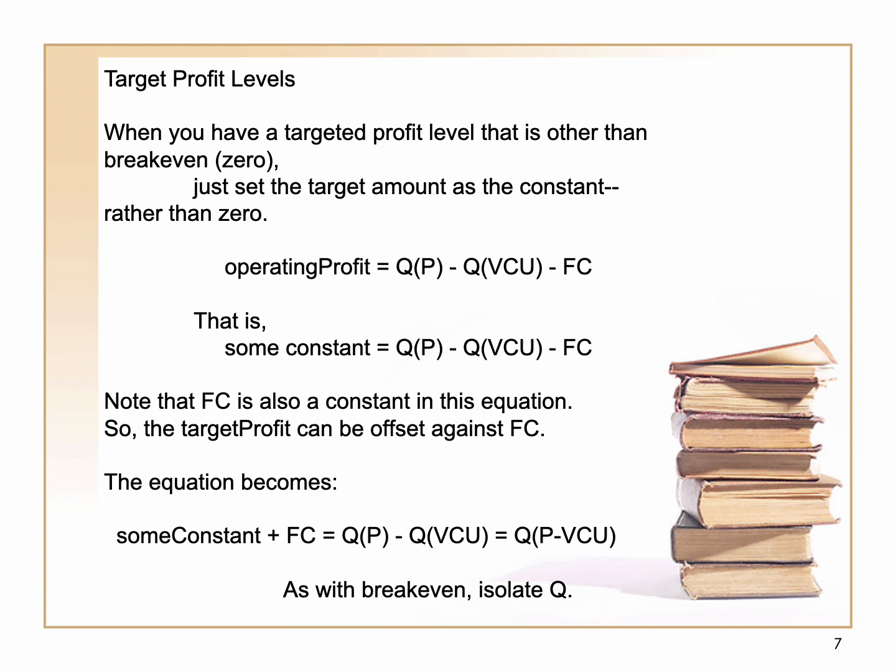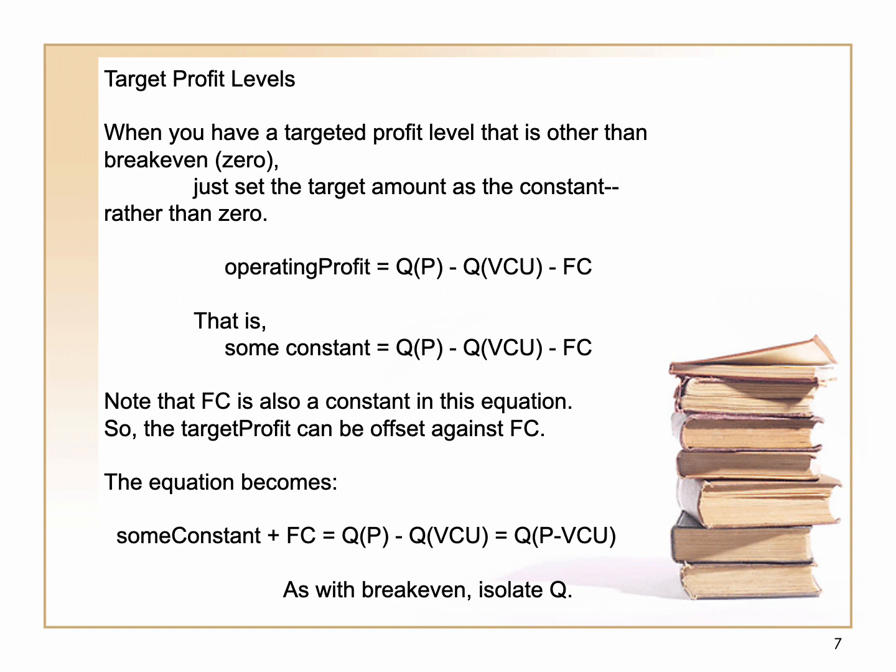Now for targeted profit levels, we'll typically get questions like, rather than break even, what would it take for us to get to a particular level of profit? When we do that, we're just going to set the target amount as a constant rather than 0. If we're doing break even, we set the constant at 0. If we have a targeted profit level, we set it at whatever that target level is.